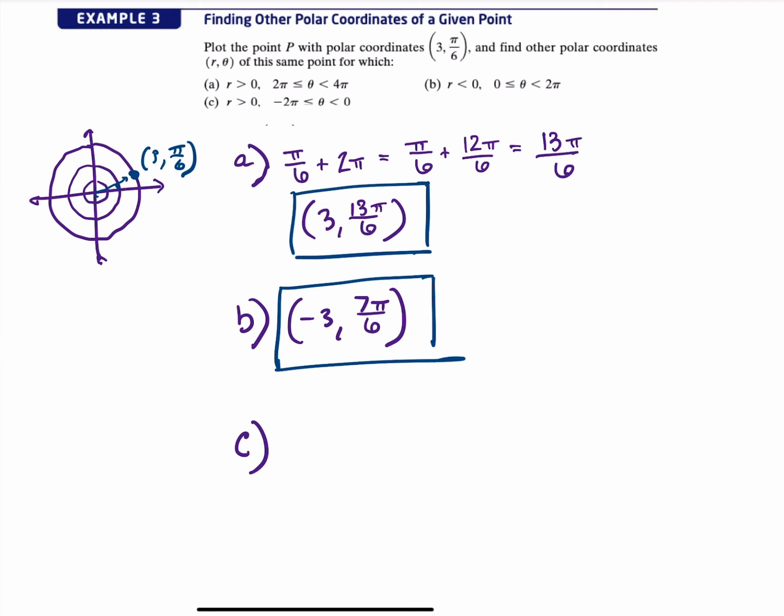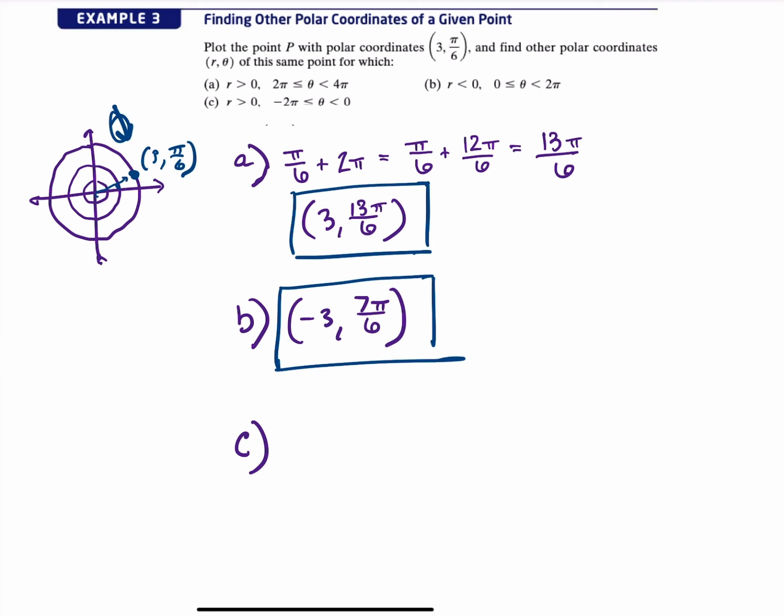So going in the other direction, if we were thinking of a positive angle that has that same attribute, that would be over here at 11 pi over 6. So if we rotate in the negative direction, -11 pi over 6, that will get us to this point here.